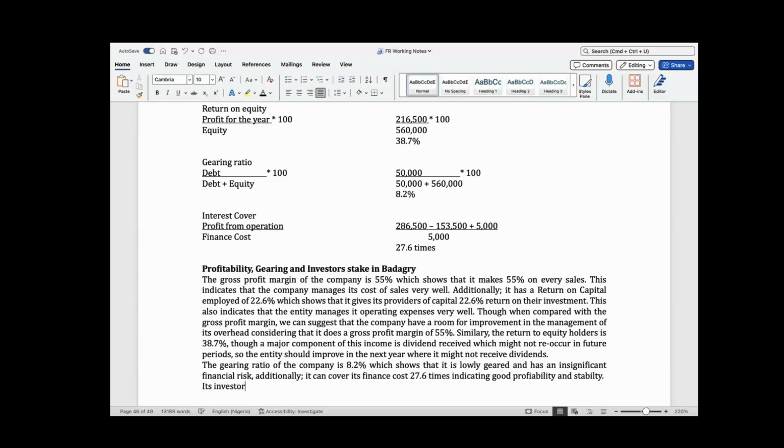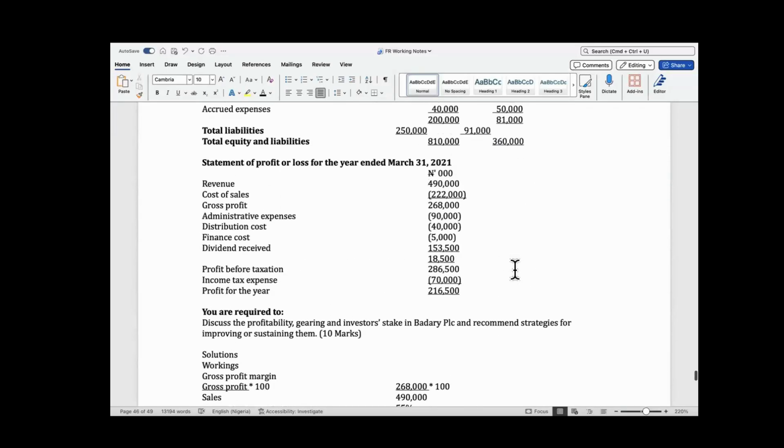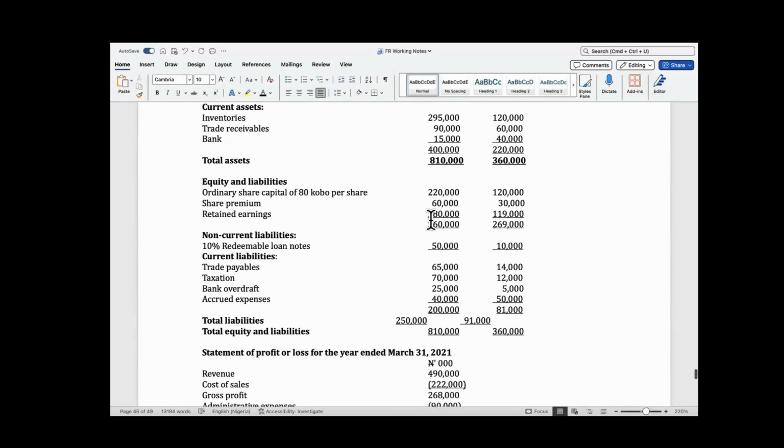Its investor stake has improved. I want to do a trend analysis from 269 to 560. If I do 560 minus 269 divided by 269, that's over 100%.